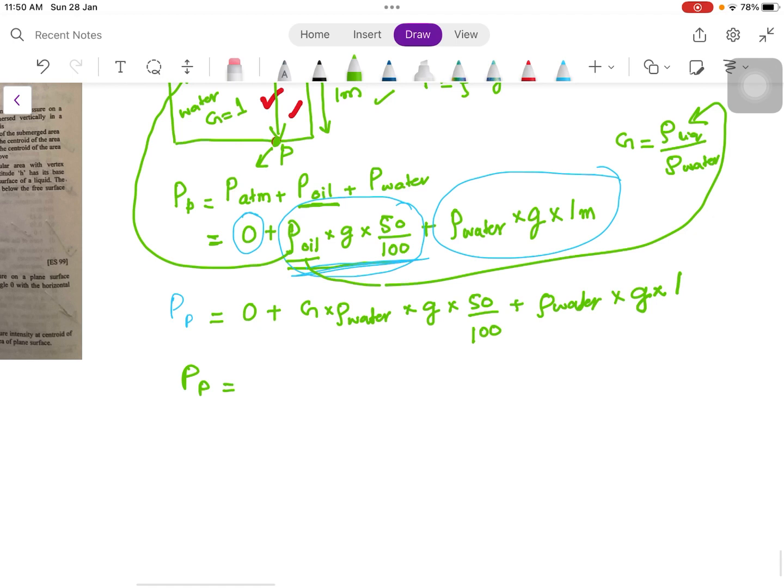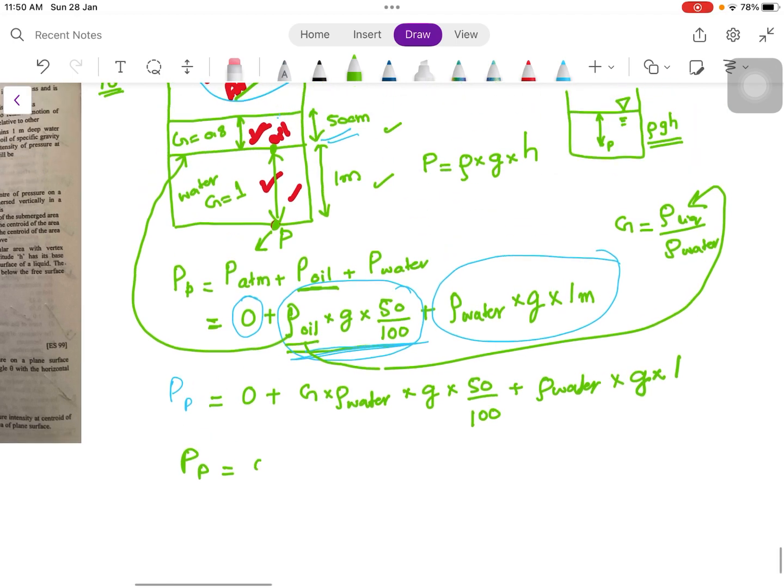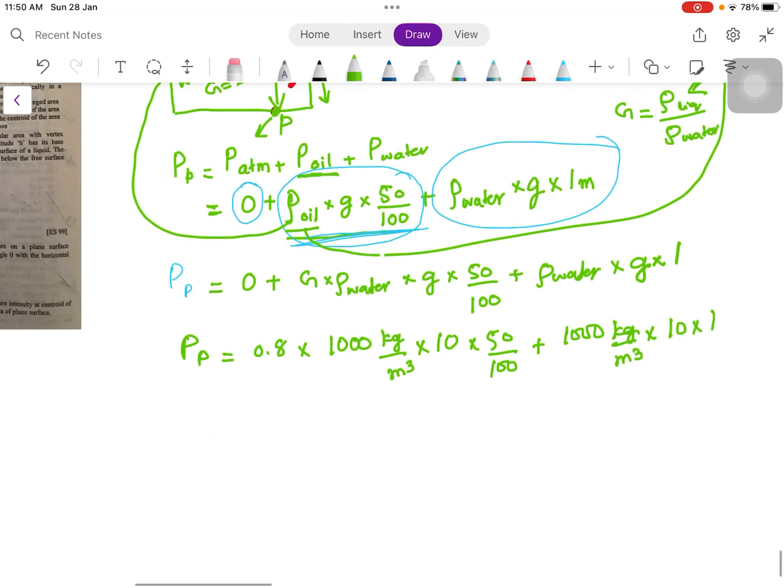So to solve it further, the specific gravity equals 0.8, density of water is 1000 kgs per meter cube of water, times the acceleration due to gravity, which we can take approximately equal to 10, times the depth of the layer of oil, 50 centimeters, plus density of water 1000 kgs per meter cube of water, acceleration due to gravity, and the depth of layer of water.